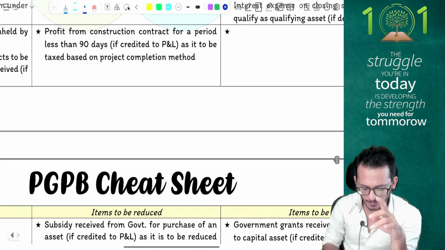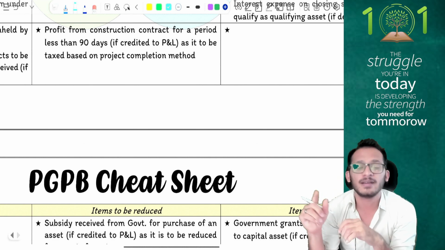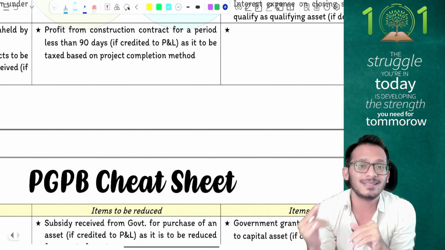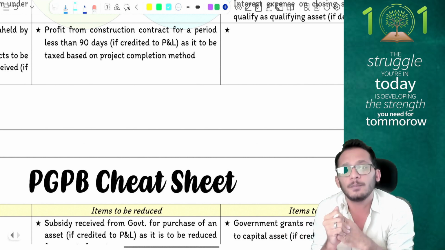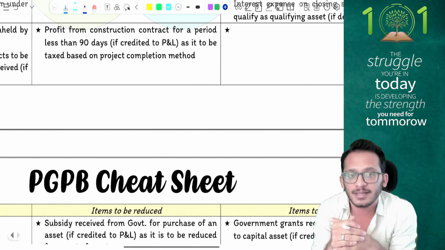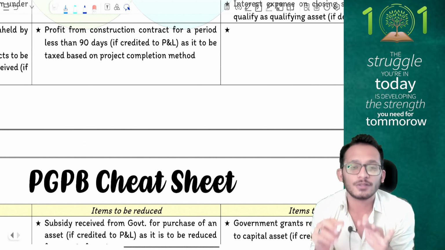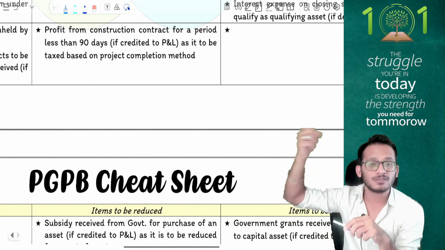Coming to the reduction part, people, what does the reduction part say? If you're going to have a profit from a construction contract where the construction is not for a period exceeding 90 days, ICDS 3 clarifies that if the construction period is not more than 90 days, you do not follow the percentage of completion method, you follow the project completion method. If you're following the project completion method, you will tax the whole money only on the date on which the project is completed.